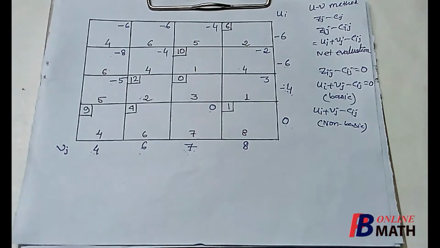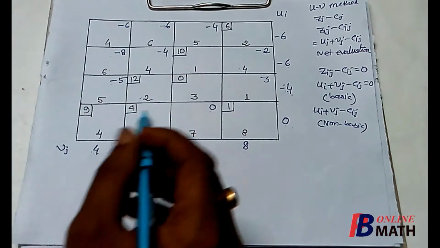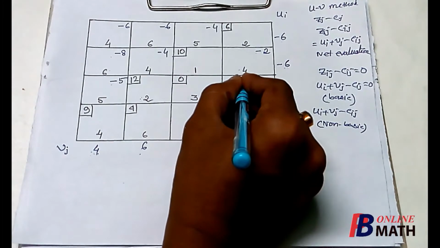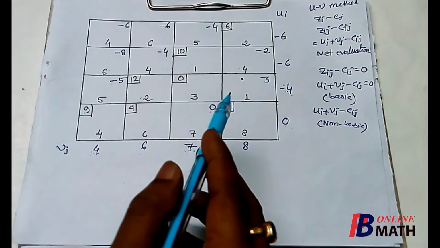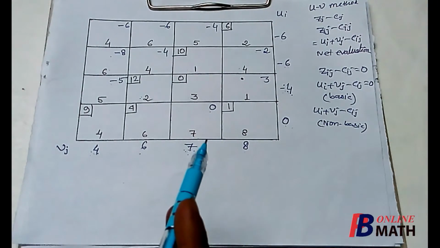To identify the vector which will leave the basis, we have to construct one loop using the basic cells as corners. Since this vector will enter the basis, using this cell we have to construct one loop such that the corners will be basic cells.